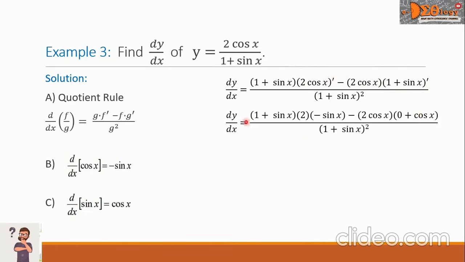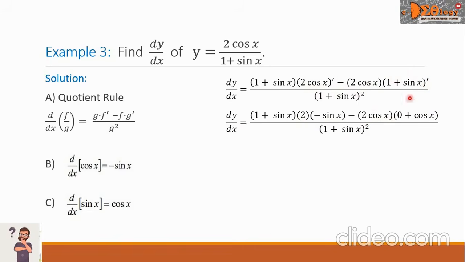We will copy everything except that our derivative here of 2 cosine x now becomes, we put the constant outside 2 and then take the derivative of cosine x, and that is this negative sine x. Then this negative 2 cosine x we copy here, then we take the derivative of this binomial.